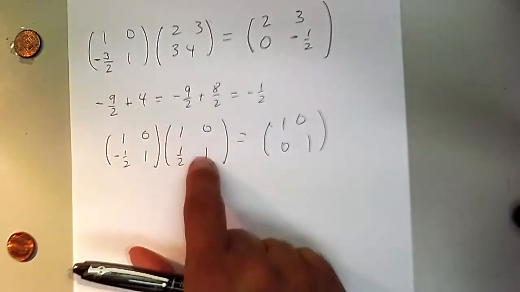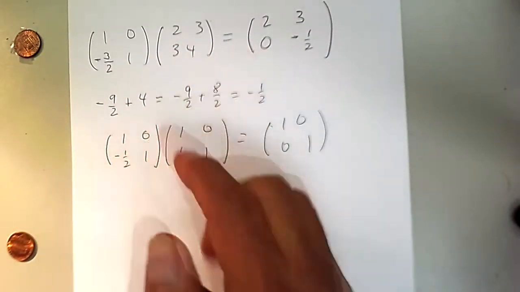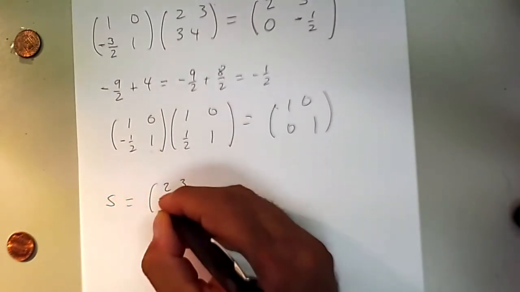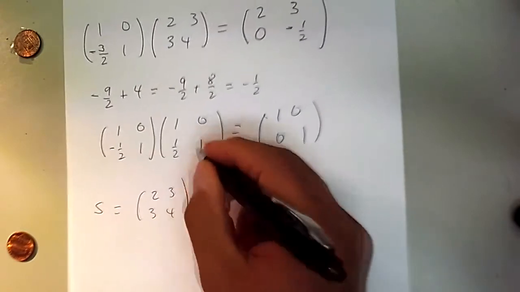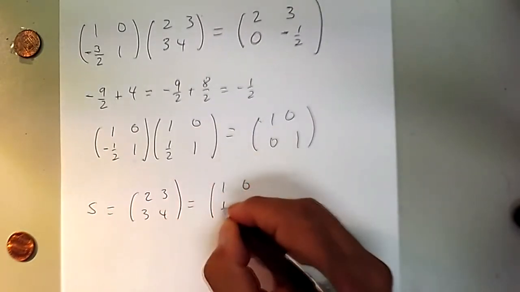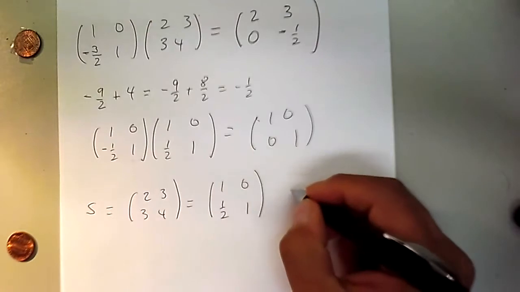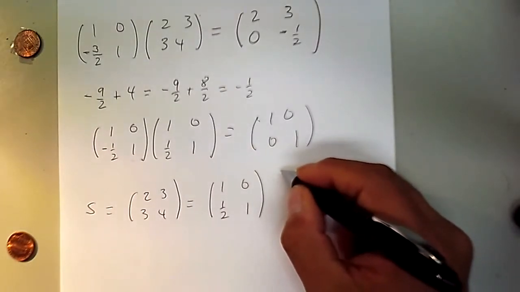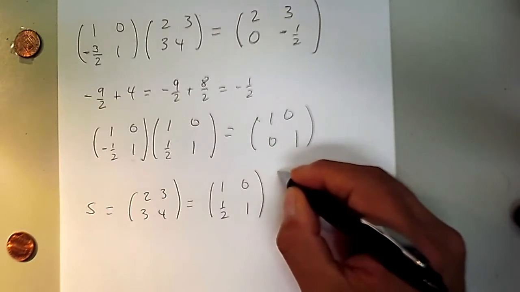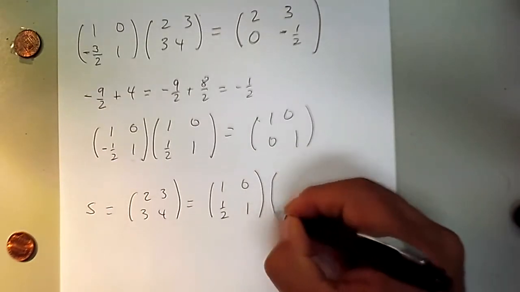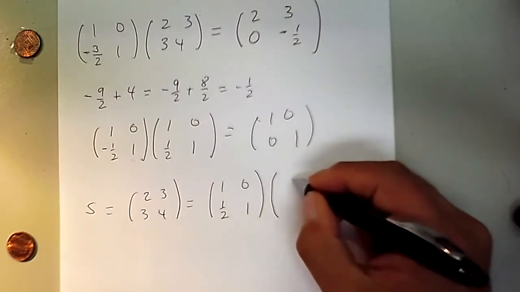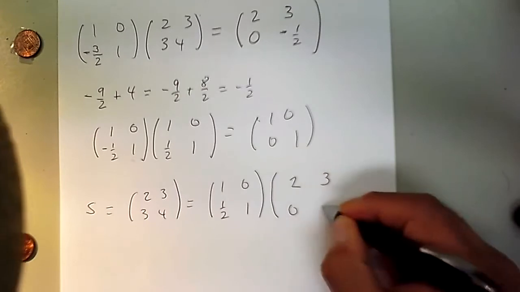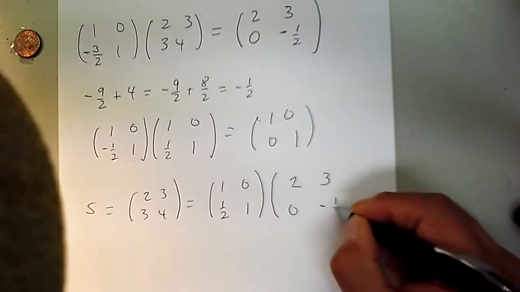So we multiply by this matrix on both sides of the equation, on the left. So S, which is 2, 3, 3, 4, is equal to this matrix, 1, 0, half, 1, times the upper triangular matrix. So this is the form LU, 2, 3, 0, negative 1/2.